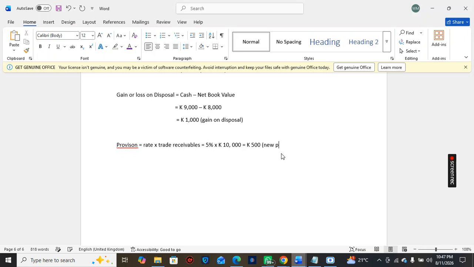Our new provision at the end of the year is 500. The old provision was 300. So we can see it has increased.